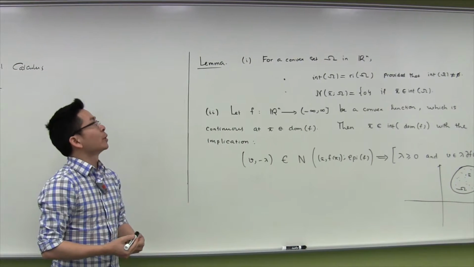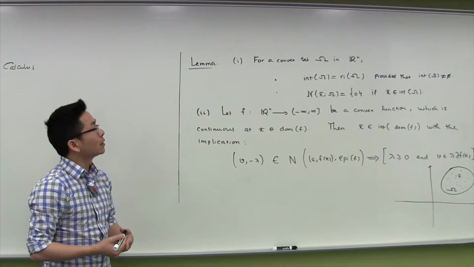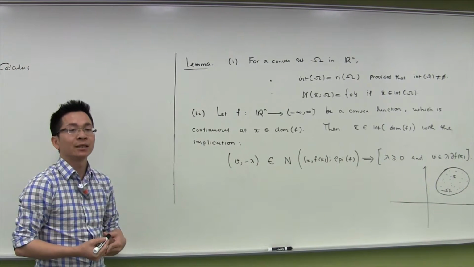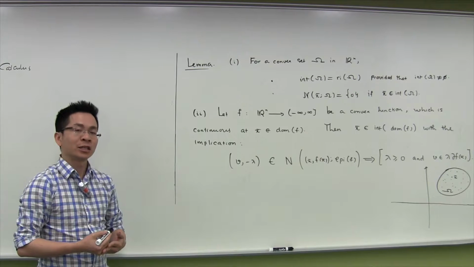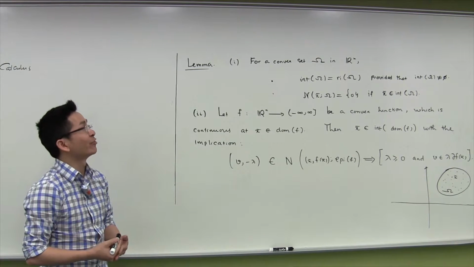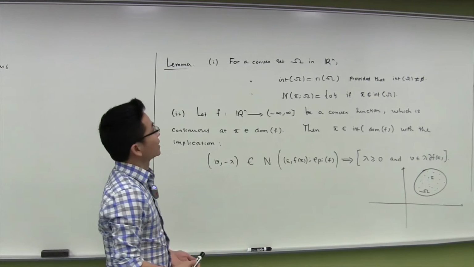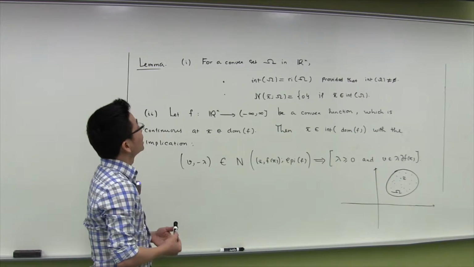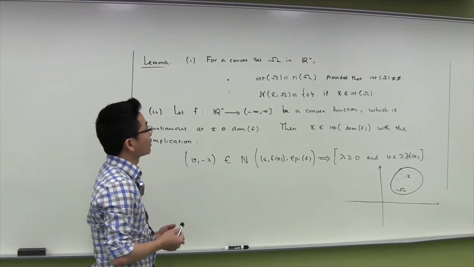Let me continue with a very important lemma used in order to obtain the formula for the subdifferential of the maximum function. This lemma contains two parts. In the first part, we have the following.